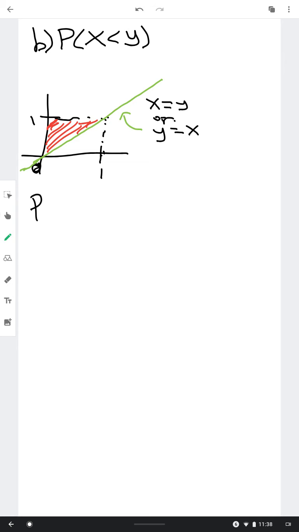The probability that X is less than Y. I have a double integral over the region of 4xy, and I can do dy dx or dx dy. I'm going to do dy dx. Now, what's the range of y? Well, y can go between two values.